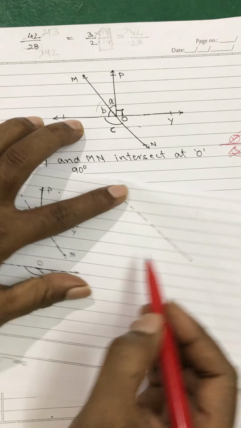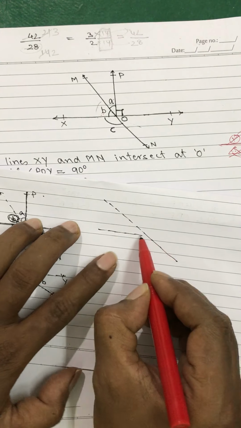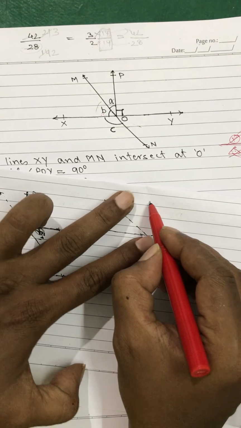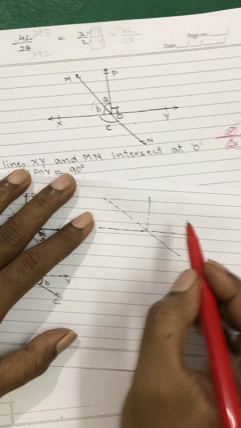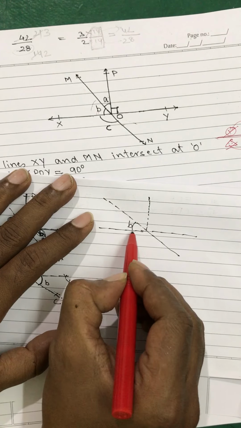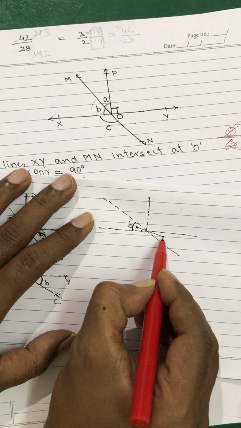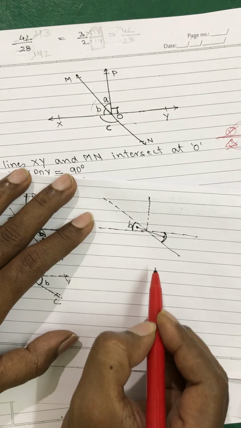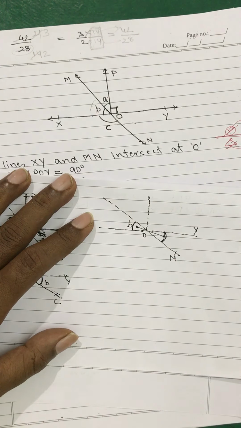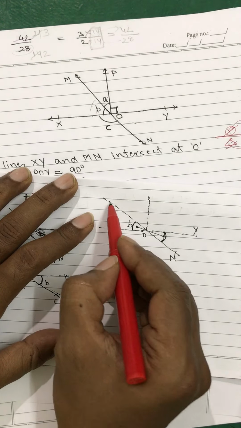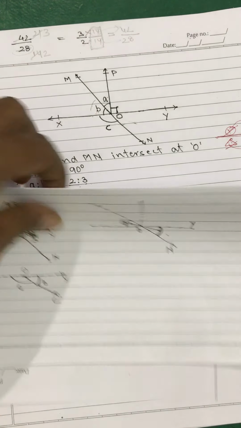These are the lines. This is a 90 degree line. So this is B. This angle B will be congruent to this angle. What is this angle? YON. Are you getting? This angle B will be congruent to this angle YON.